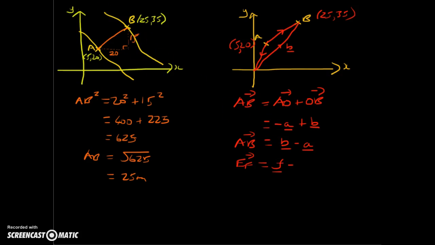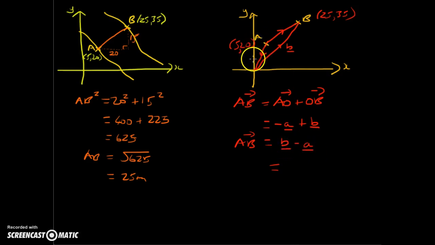Right, let me get back to the problem. We're trying to find the distance from A to B, and A to B is position vector b subtract position vector a.